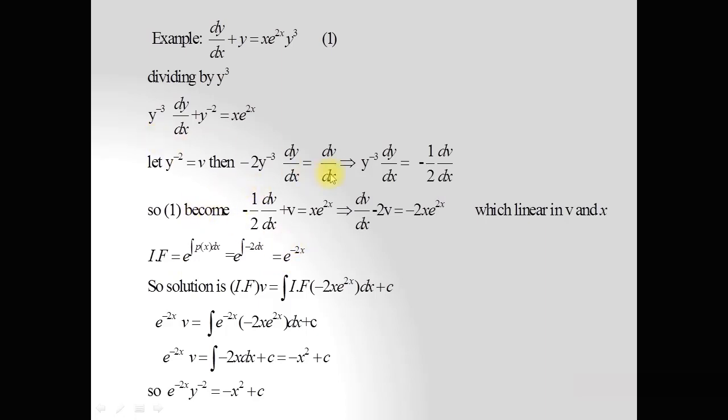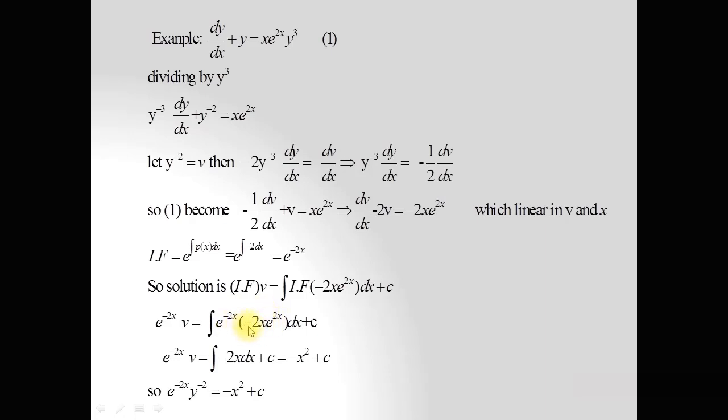Now find the solution of this new differential equation, which is: integrating factor multiplied by the dependent variable is equal to the integral of the product of the integrating factor and the Q function. On the right hand side we have -2x e^(2x), which is the Q function. So integrating factor times Q: e^(-2x) and e^(2x), since the base is the same, adding the powers gives e^0, which is equal to 1.